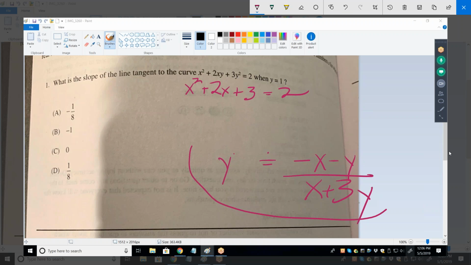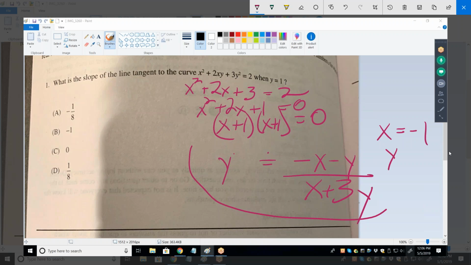Yeah. And that gives you x squared plus 2x plus 1 equals 0. And that gives you x plus 1 times x plus 1 equals 0. Right. So x equals negative 1, and y is equal to 1.